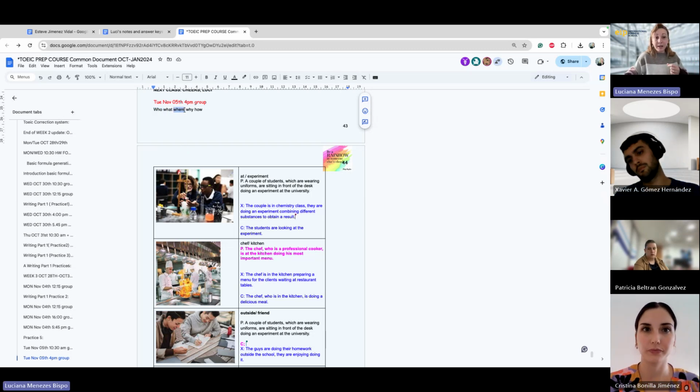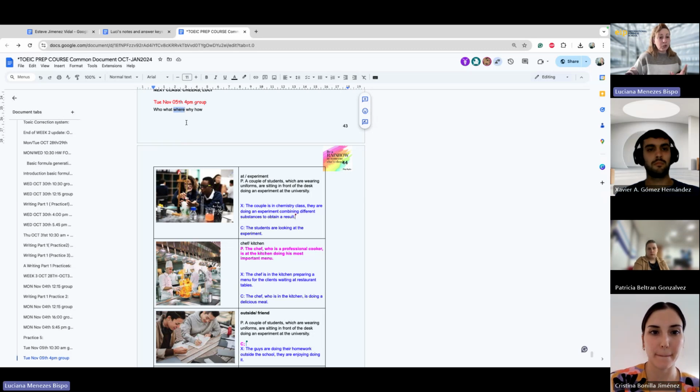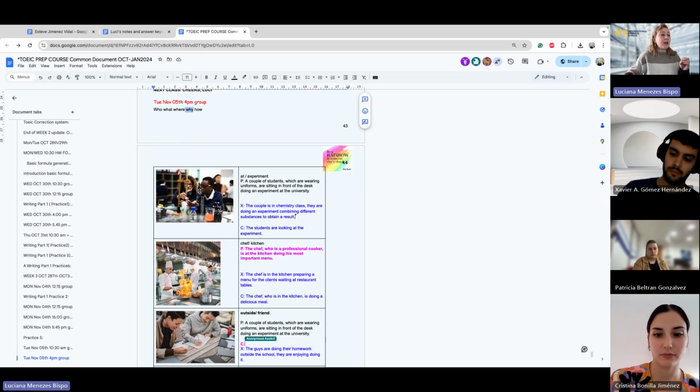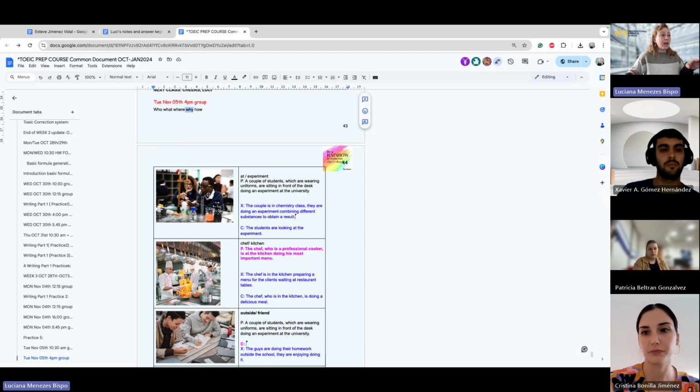Where? Here enter the prepositions. What prepositions, what collocations do I need to use with those verbs or not? Why? Not necessarily, but normally you can say they are in the laboratory because they are having a chemistry class, for example.